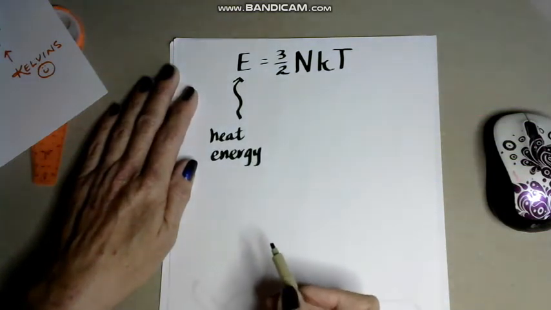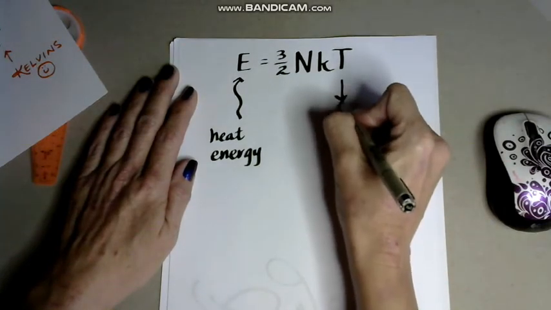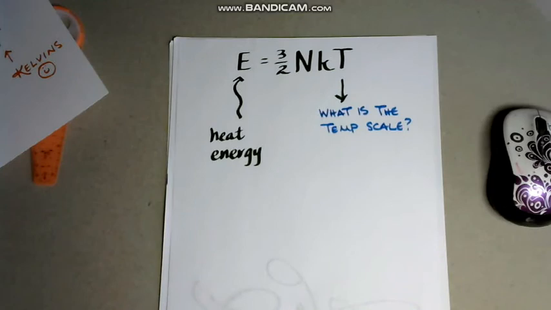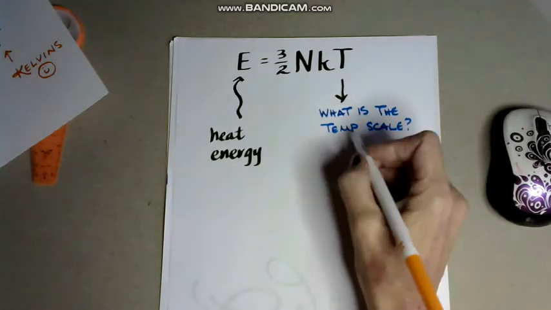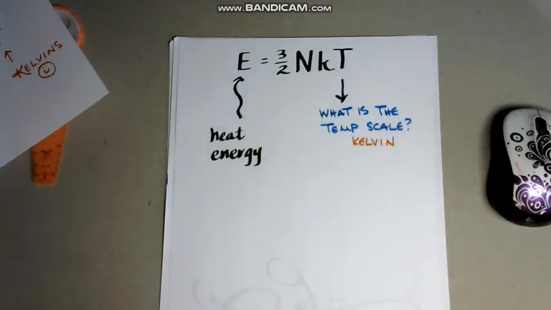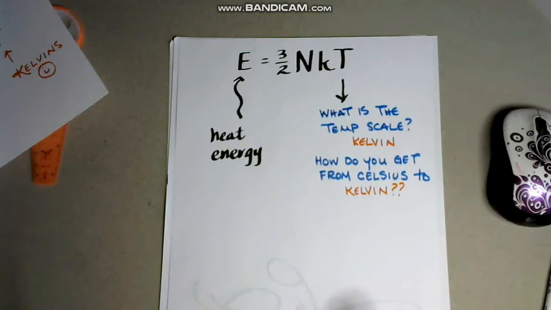First of all, T is temperature. What is the scale for the temperature? Go ahead and answer that question now. So yes, this scale should be in Kelvin. My next question for you: how do you get from Celsius to Kelvin?